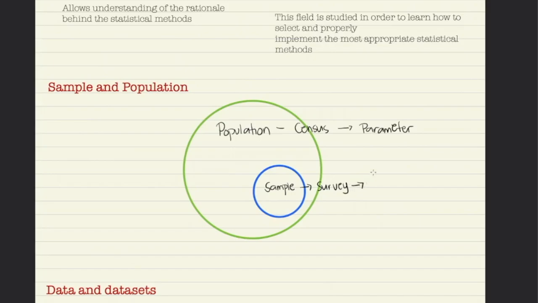And the measure used for sample is called statistics. Just a recap, census and survey are the data collected, and parameter and sample statistics are the measures of data.